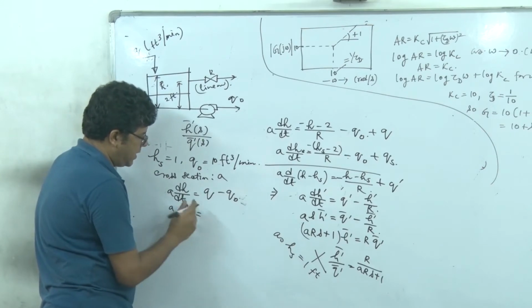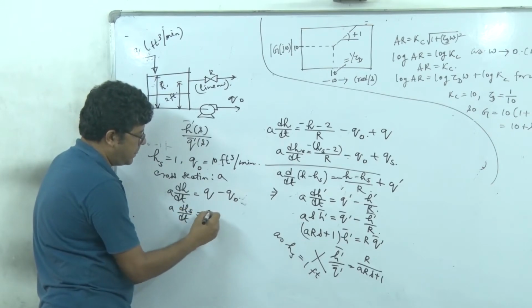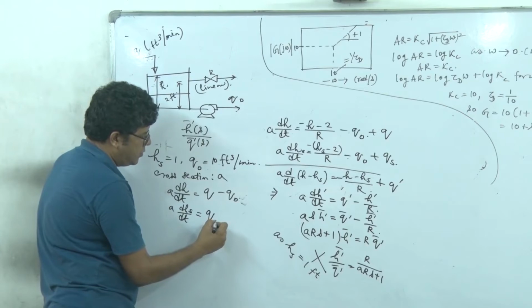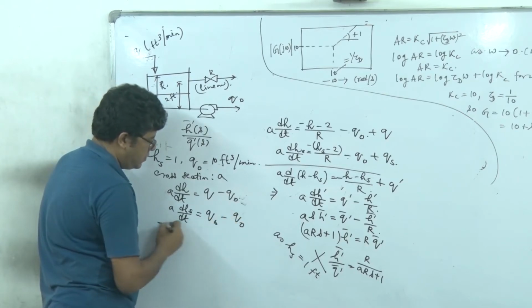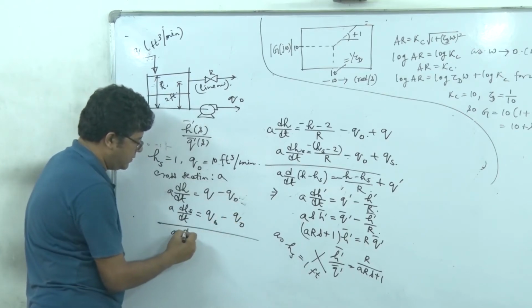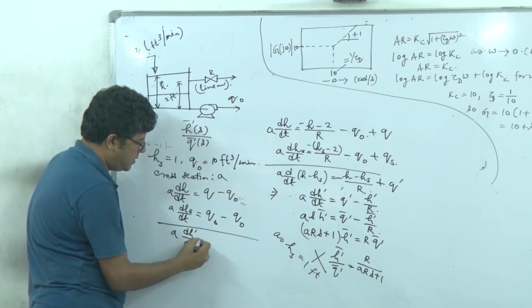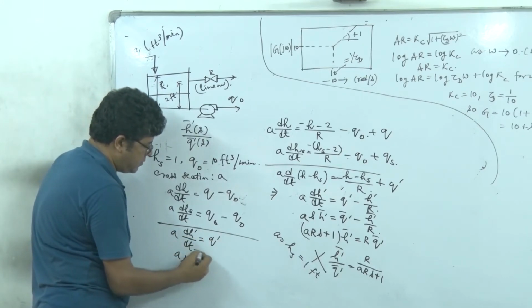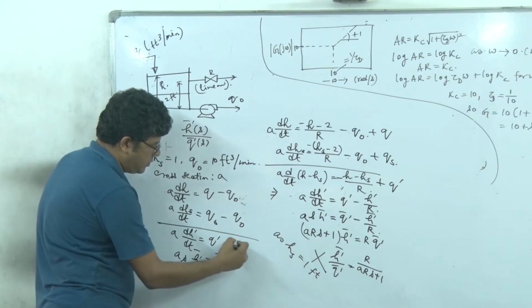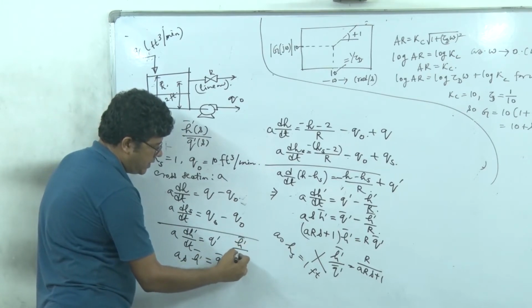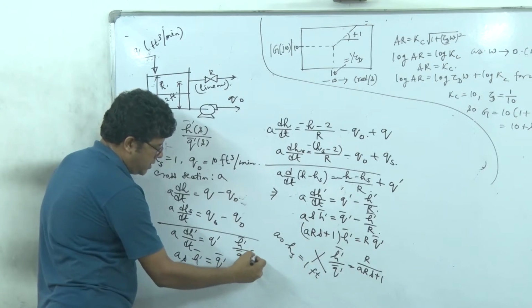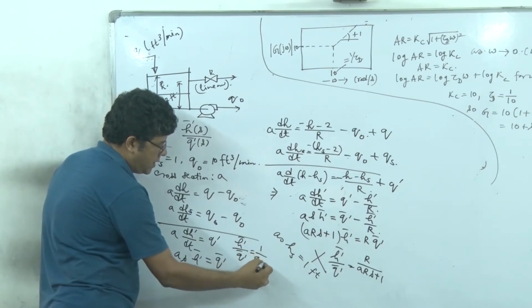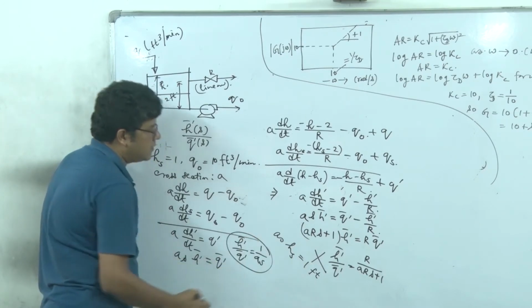So A dHs/dt equal to Qs minus Q0. So if I subtract, it is A dH prime/dt is equal to Q prime, that is A S H prime bar is equal to Q prime bar. So H prime bar divided by Q prime bar is equal to 1 by AS. So this is the correct answer.